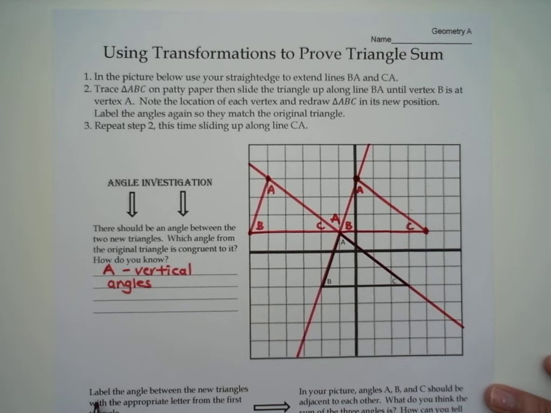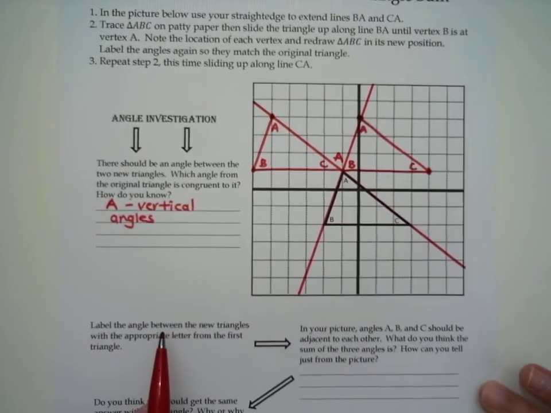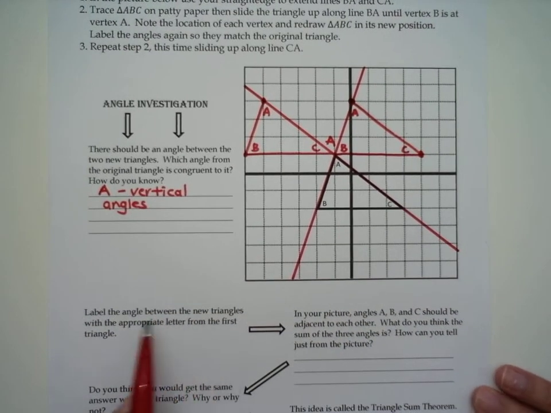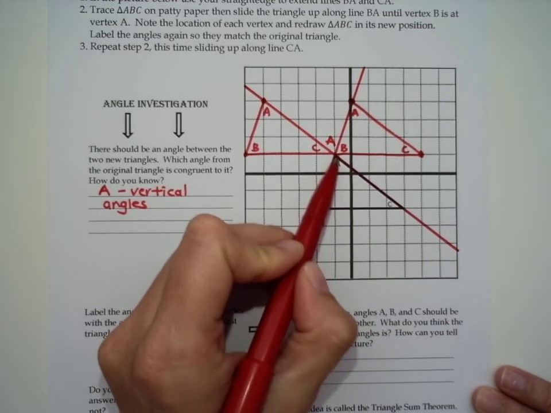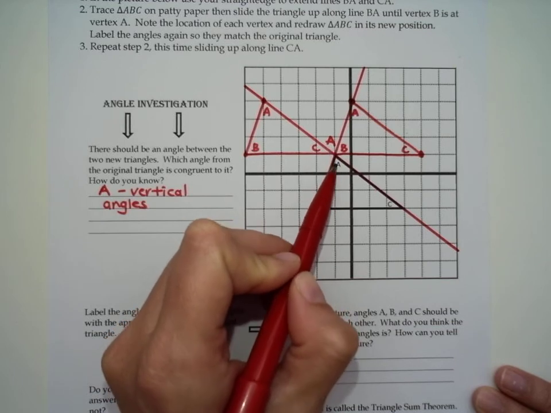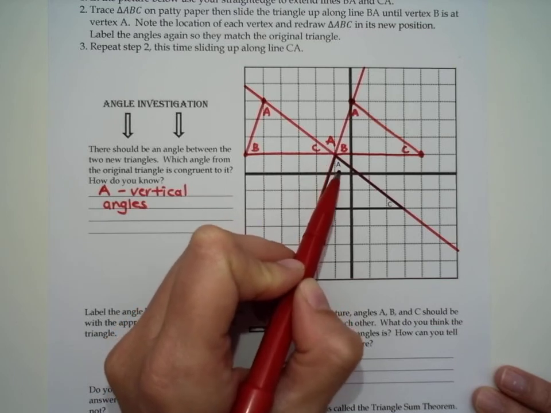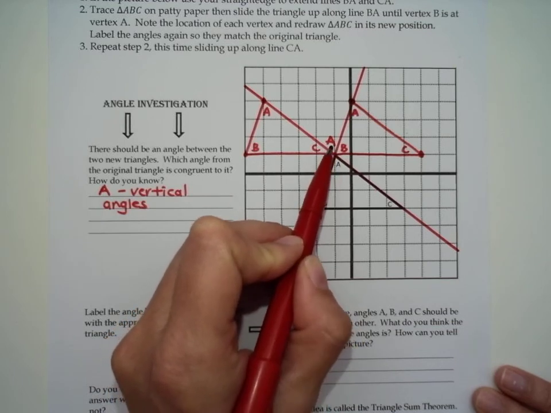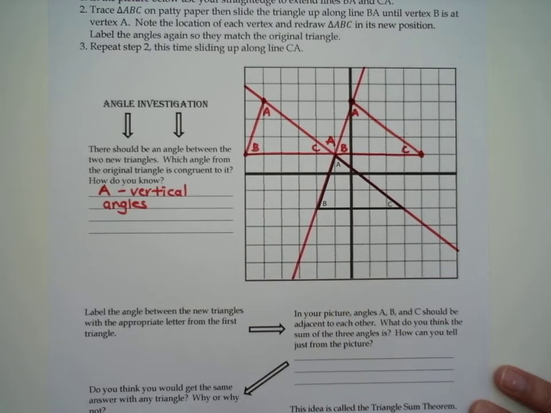Okay, next we need to label the angle between the new triangles with the appropriate letter from the first triangle, which we already did. We saw that those were vertical angles. We know vertical angles are equal to one another. So if this angle is A, this angle is also A.